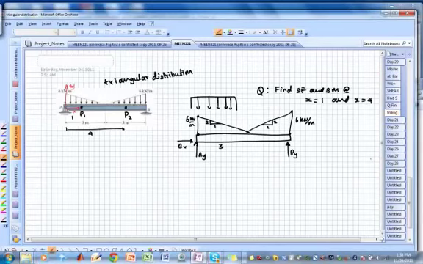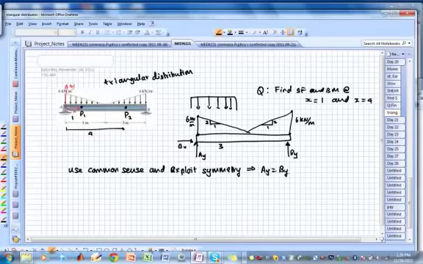In this particular case, again use common sense and symmetry, and you can exploit symmetry. This means that AY equal to BY equal to half the load. And AX is 0.